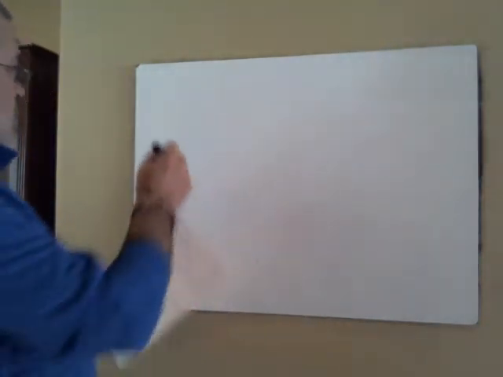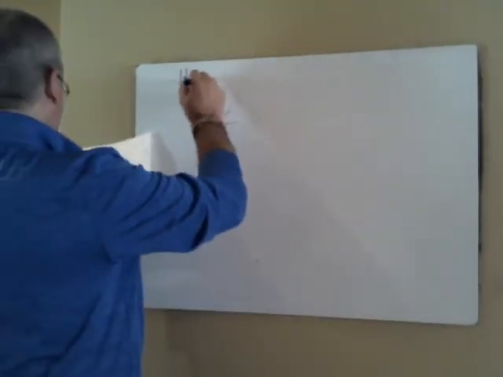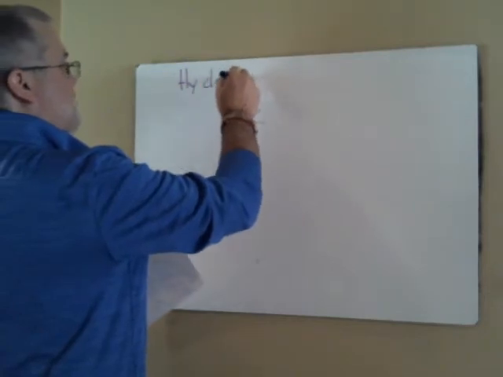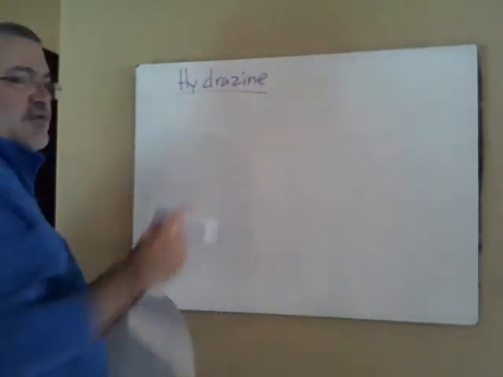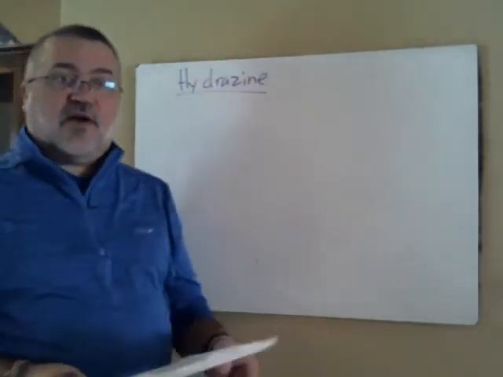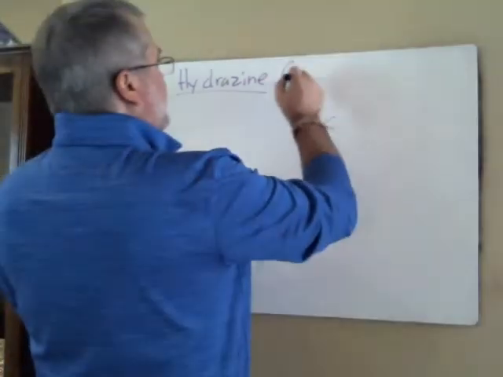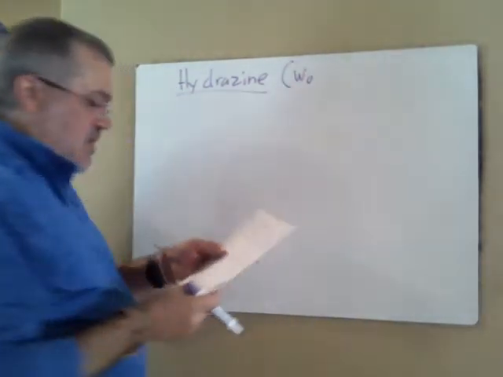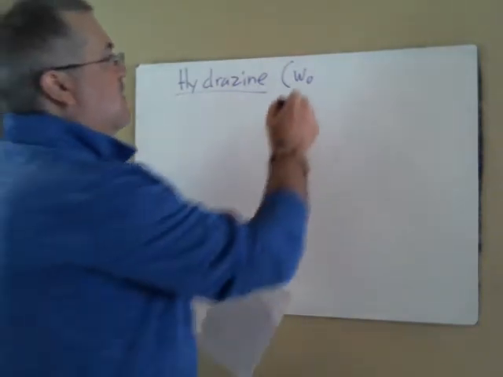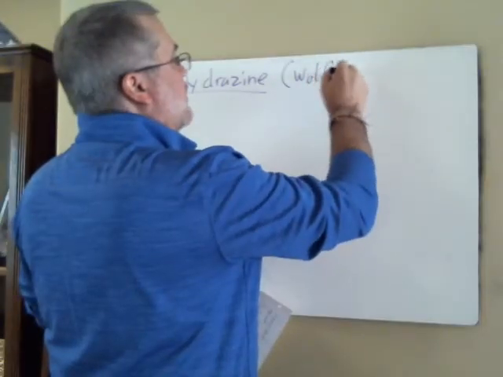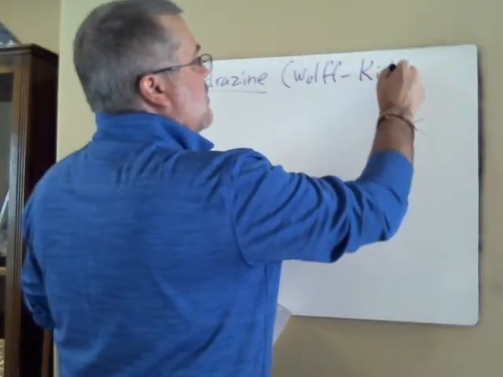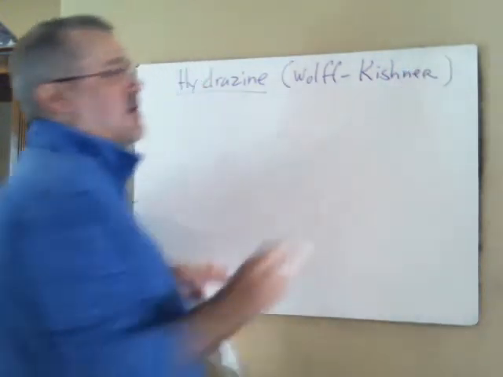Next reaction we want to talk about is what happens when you react hydrazine as your nucleophile with a ketone or an aldehyde. Now, this was discovered at a time when they would name reactions after the people that discovered it. So this is called the Wolff-Kishner reaction.